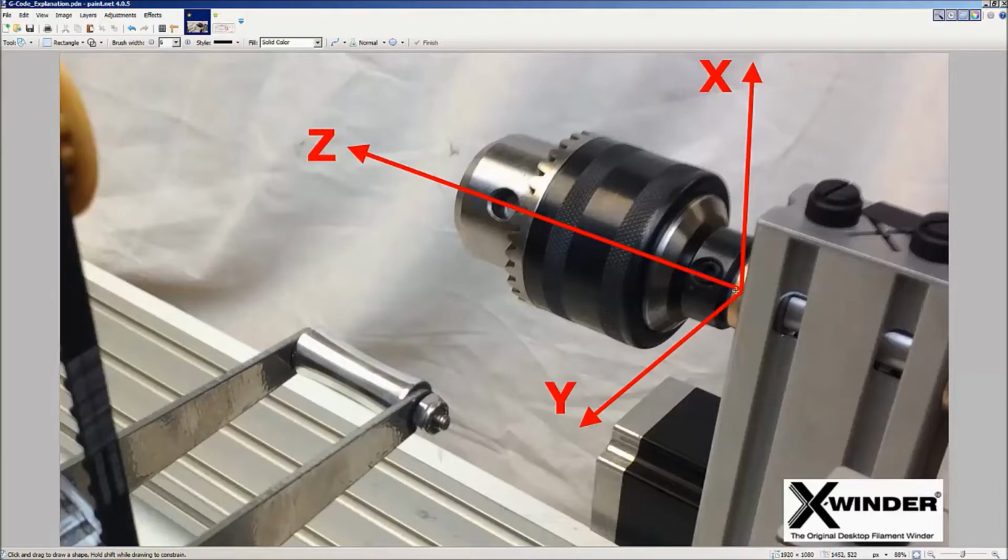Y then is perpendicular to that and is the delivery head movement. So y equals 0 would be the delivery head right at or equal to the central axis of the mandrel. And the x-axis here is shown for reference, obviously, but there is currently no movement or rotation along or about the x-axis for the X-Winder.